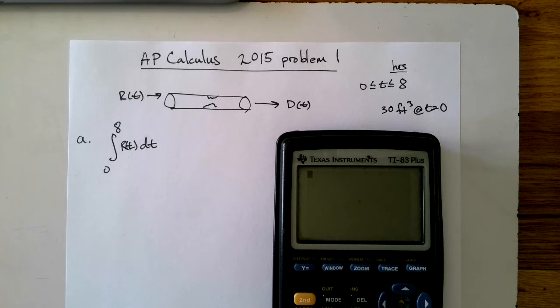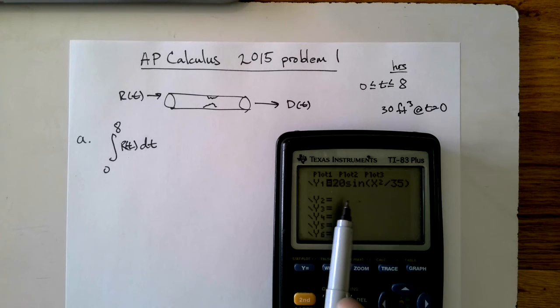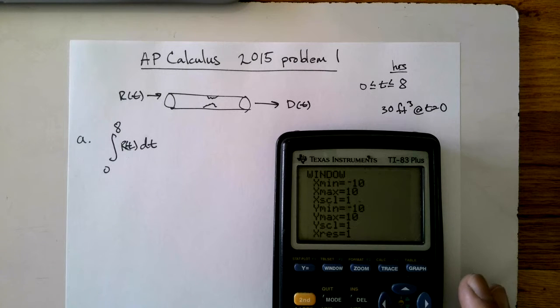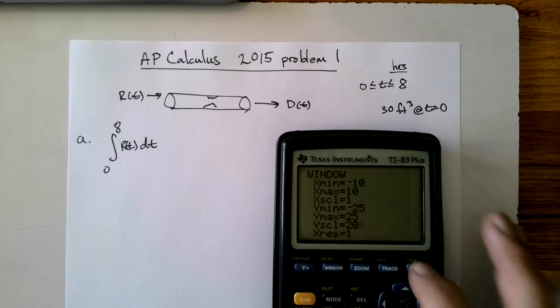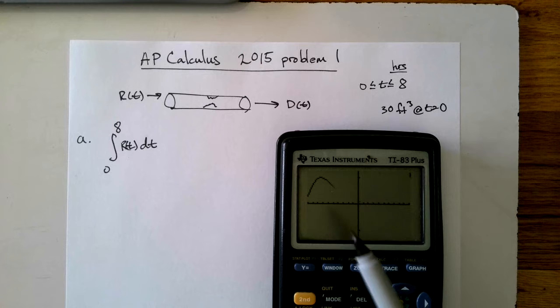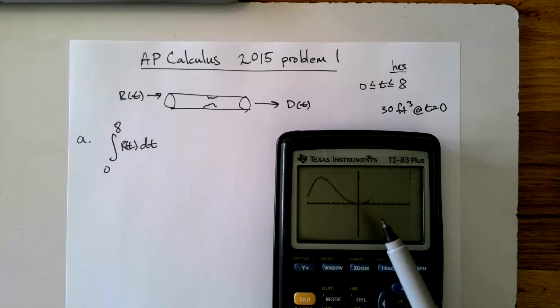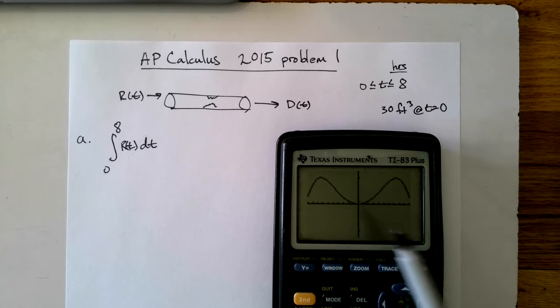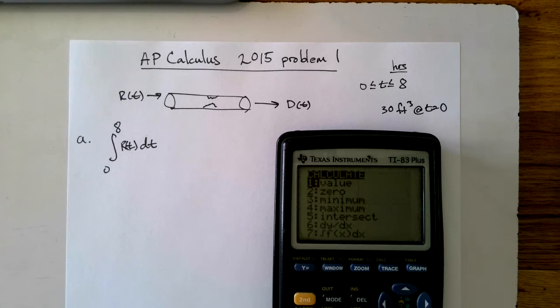And then I notice I have that 20, so I know that my y values are going to have to go up to negative 25 on the bottom and positive 25, so I can at least see some of the graph. So here goes the graph. This is my sine graph. And it says how many cubic feet from 0 to 8, so it's accumulating. So I'm going to gather that under number 7, 0 to 8.